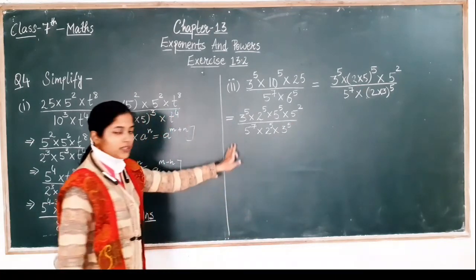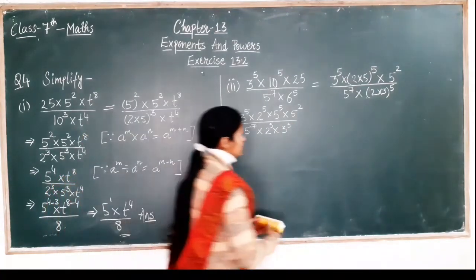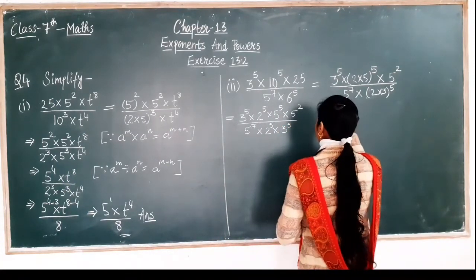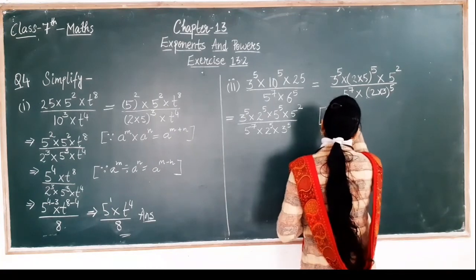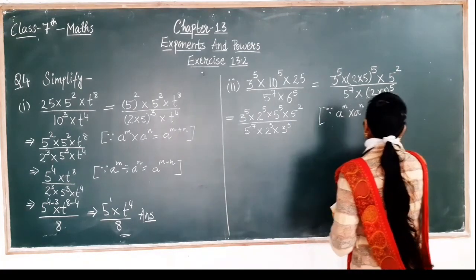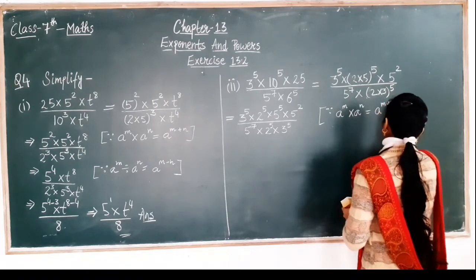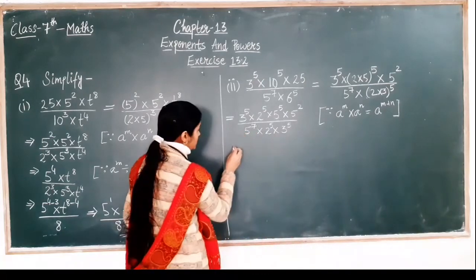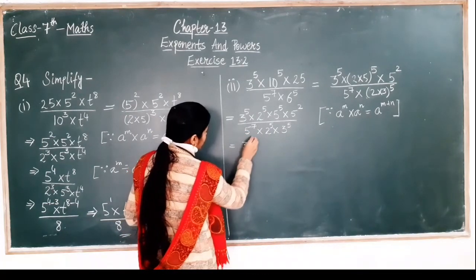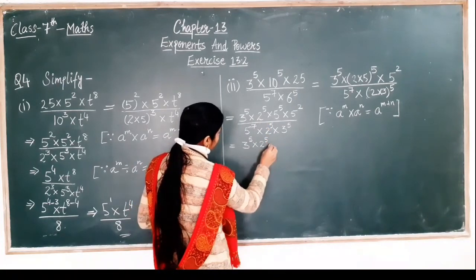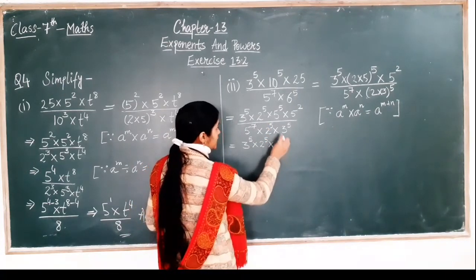Okay. For further solving, we need formulas. So which formula would be used? The formula a raised to the power m multiplied by a raised to the power n is equal to a raised to the power m plus n. So now we'll add. 3 raised to the 5 multiplied by 2 raised to the 5 multiplied by 5 raised to the power 5 and 5 raised to the power 2.